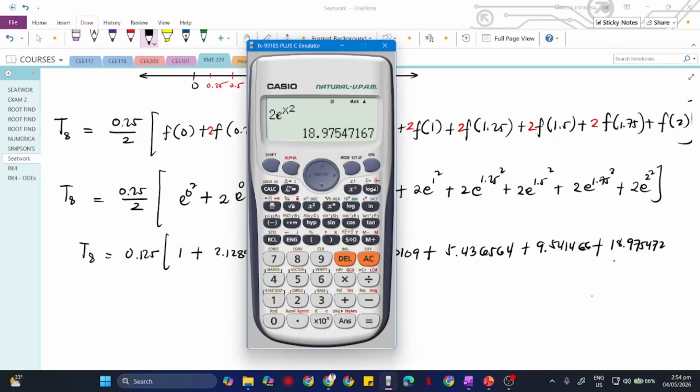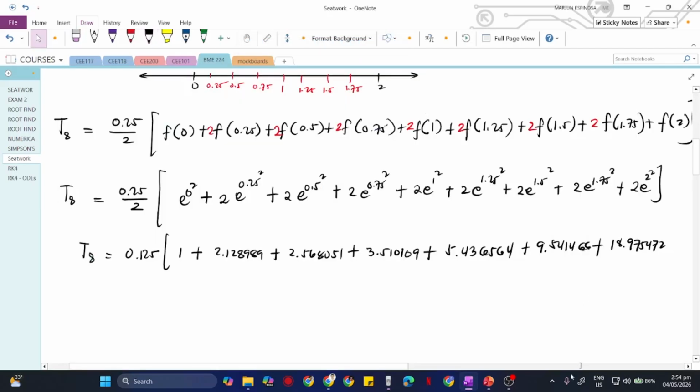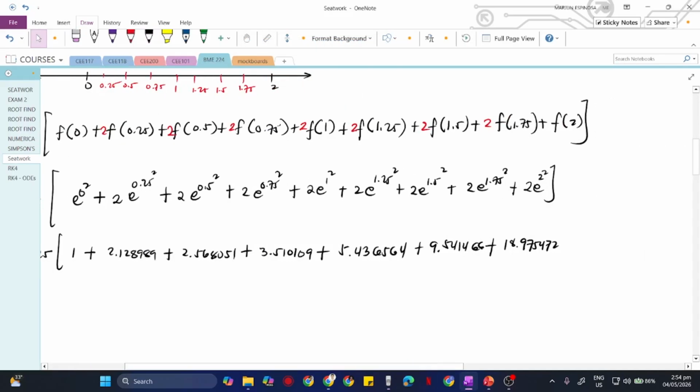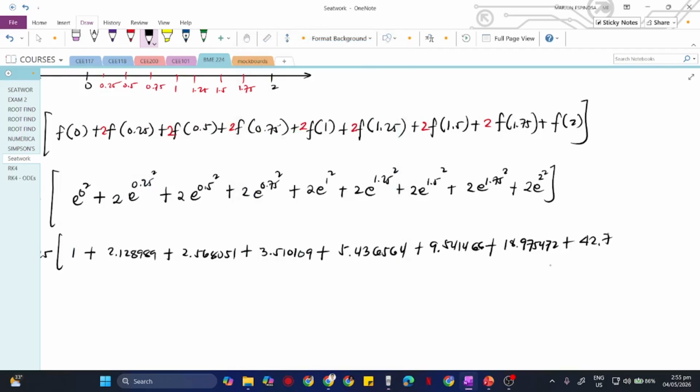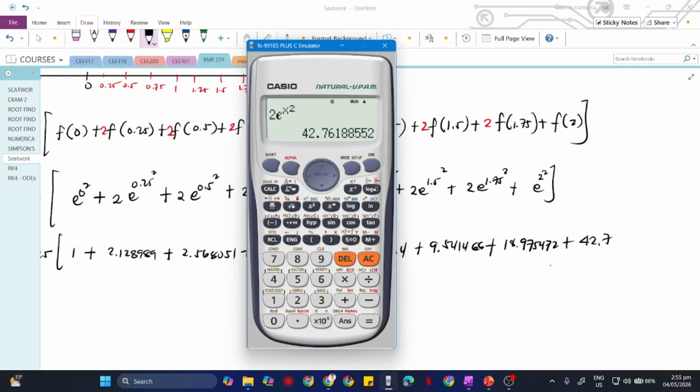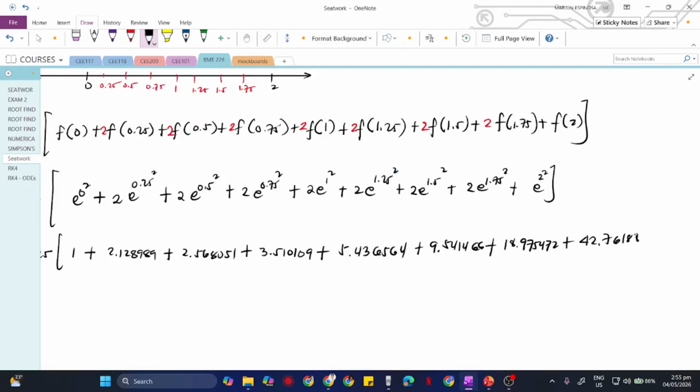Okay, 18.975472. And then plus, calculate 1.75 this time. That is 42.761186. Okay, sorry, this is not supposed to be multiplied by 2. 42.761886.